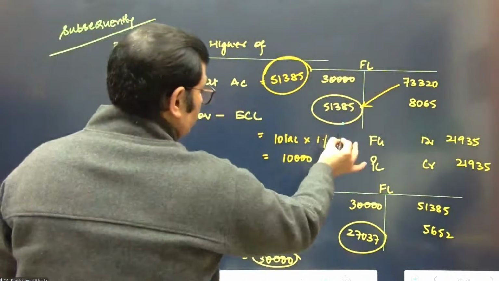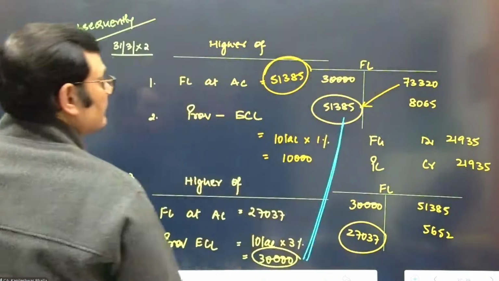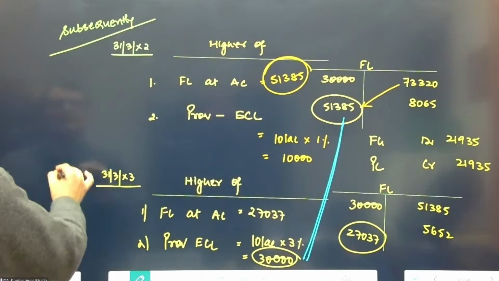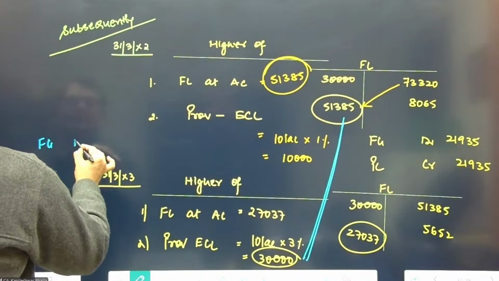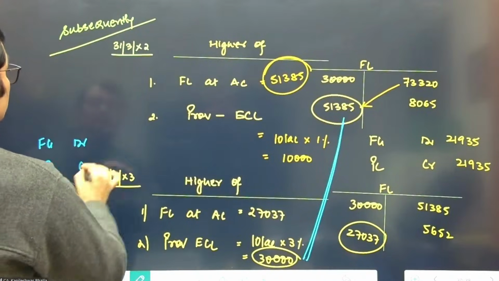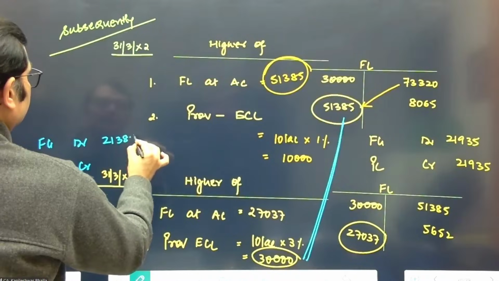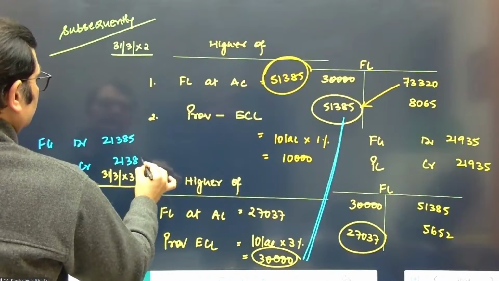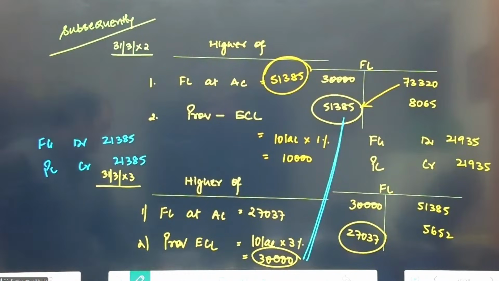So you can compare these two figures and we need to pass the entry: financial guarantee gets a debit, profit and loss gets a credit, and that is 21,385. So this is the accounting of the financial guarantee special issue.